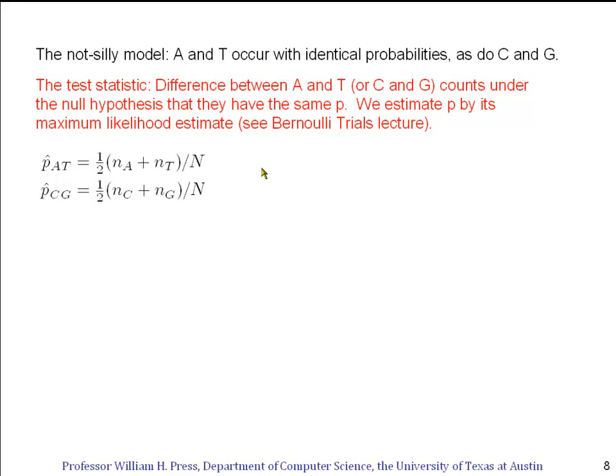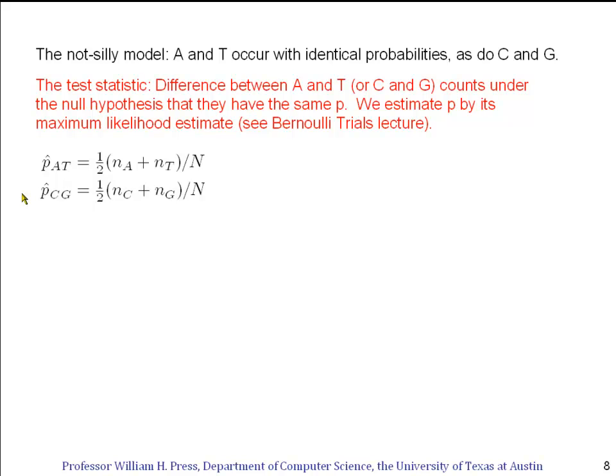It's basically that if we want to know the probability of A or T, we group together the counts of A and T, and we divide by n. That's the maximum likelihood estimate of the probability for A or T. And now, since the null hypothesis is that they're equal, they would each be equal to half of this, so we have the half in front. And similarly, a formula that estimates the probability of a C or G in the data.